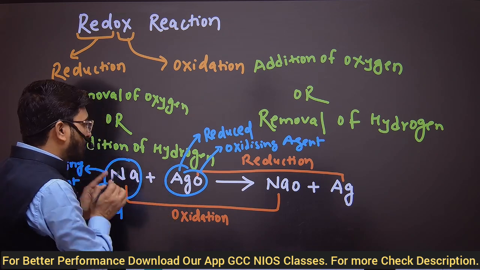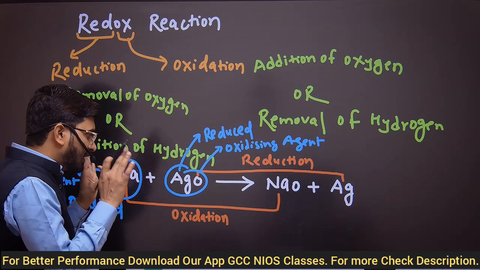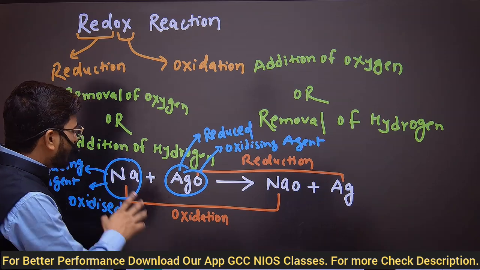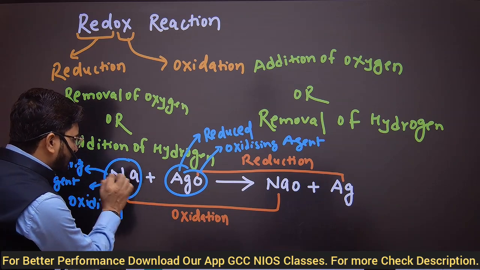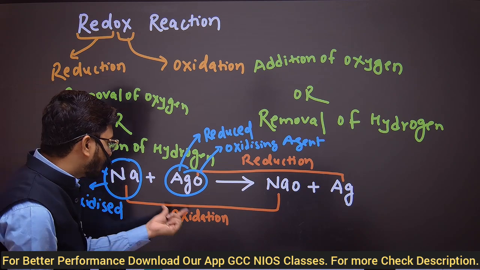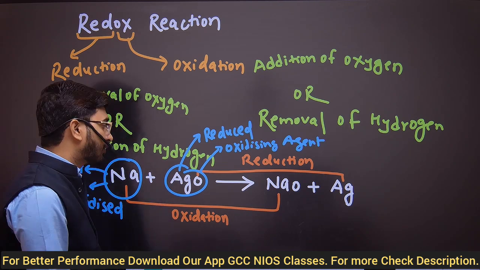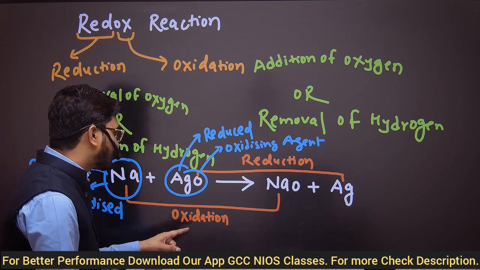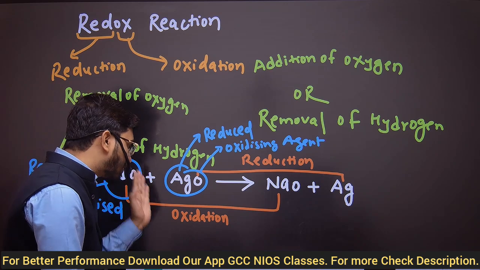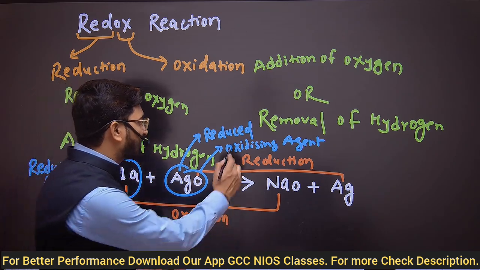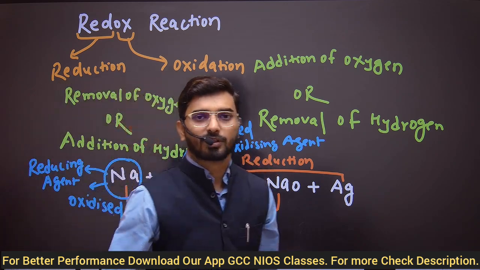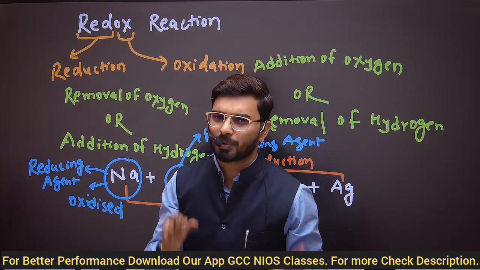In the same case, if we focus on silver oxide, silver oxide is giving oxygen to sodium. Without silver oxide there is no oxidation of sodium. That means this oxidation is because of silver oxide, and that's why it is the agent doing the oxidation, and its name is oxidizing agent. So don't get confused, it's a very simple trick.